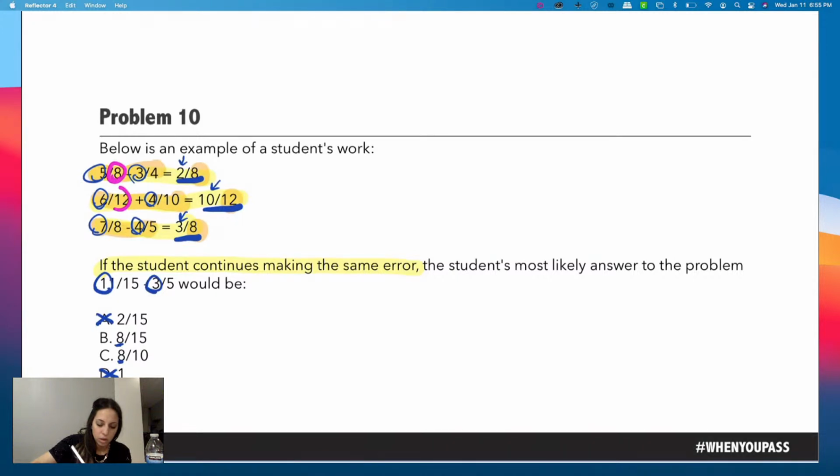They just took the first denominator they saw. That's all they did. They literally took the first denominator they saw and used it as their denominator. That person would definitely need a small group for subtracting fractions, wouldn't they?